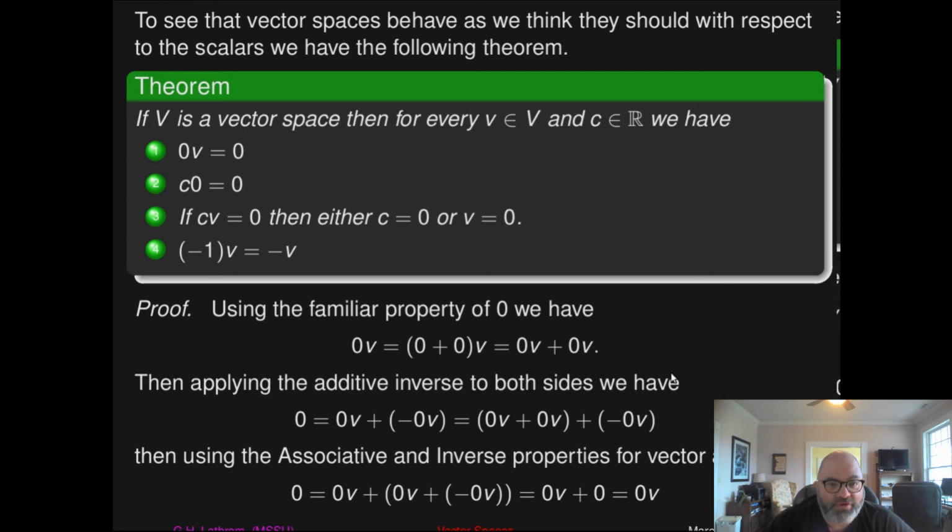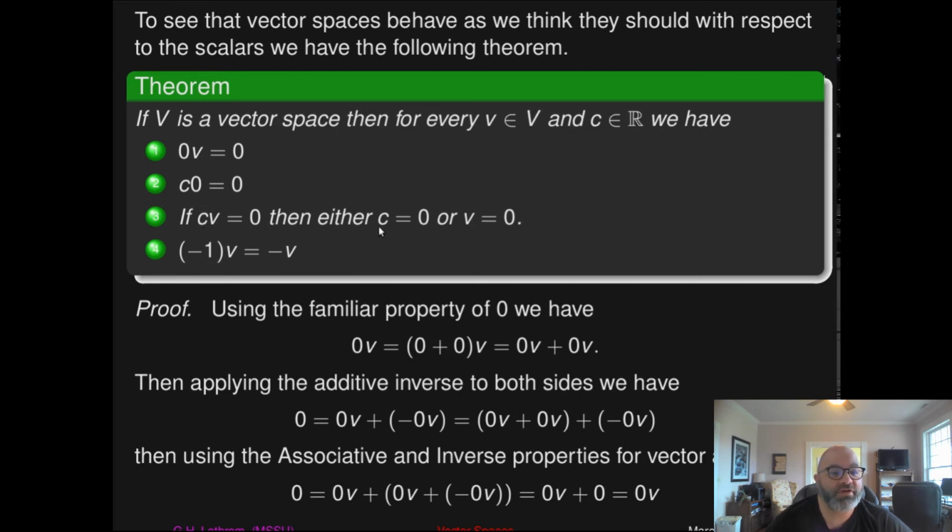Now, when we've got these vector spaces, we really want to see that they behave appropriately, or how we think that they should behave. So if V is a vector space and C is any real number, then 0 times any vector should give you the 0 vector. Any scalar times the 0 vector should still give the 0 vector.